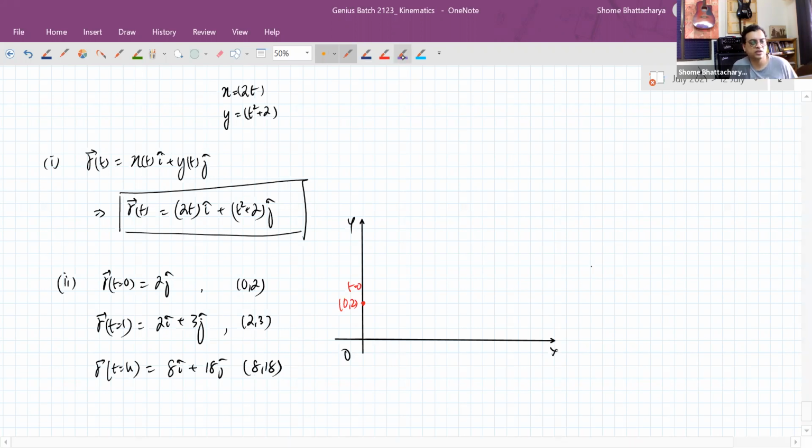But in 1 second, it has moved from here to 2 comma 3. So it's gone somewhere here, let's say. Then it's moved further to 8 comma 18. So it's, let's say, somewhere up here at the time it's 4 seconds. So the path of the particle is going to be a curved kind of path like this.